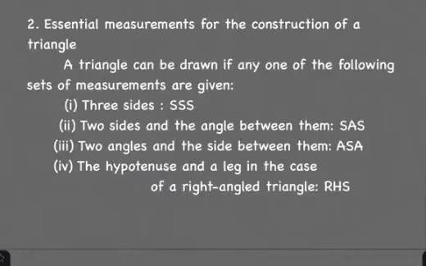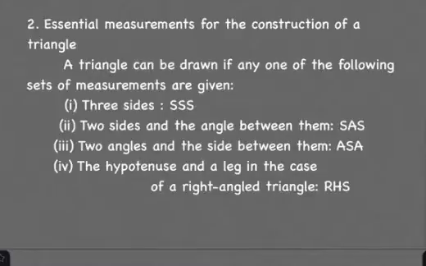Two sides and the angle between them is the SAS criterion. Two angles and the side between them is the ASA postulate or ASA criterion, and the hypotenuse and a leg in the case of a right angle triangle is called the RHS criterion.